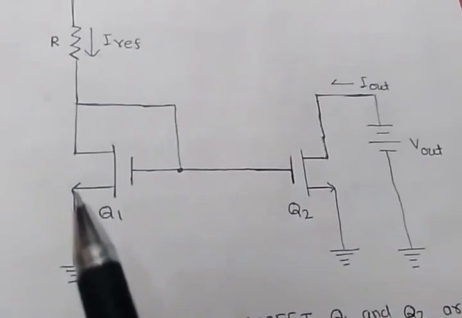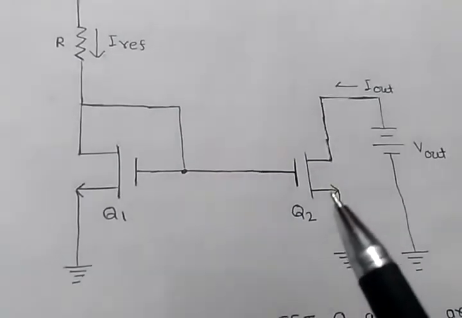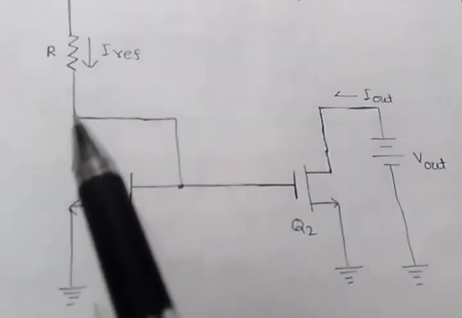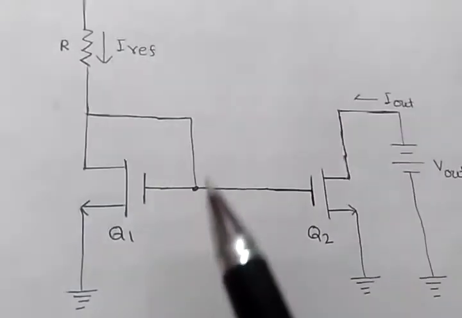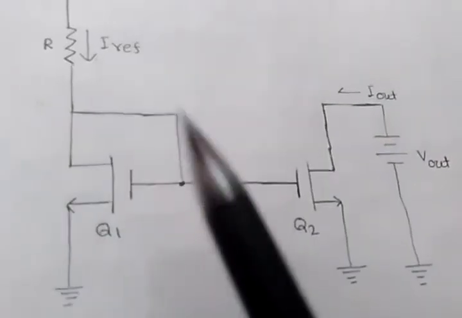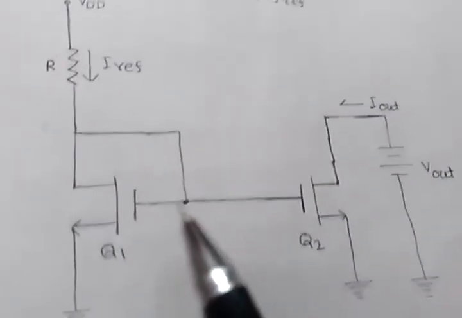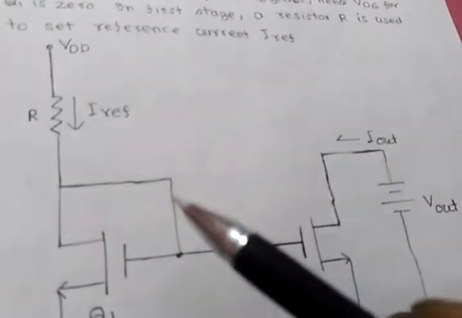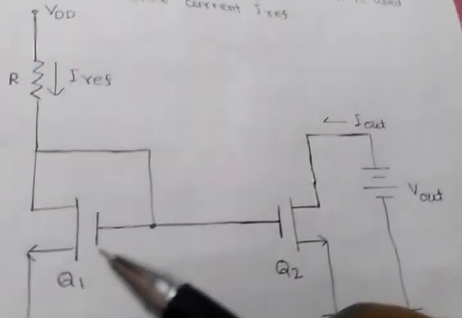Source of Q1 and source of Q2 both are grounded. Drain of Q1 and gate of Q1 both are joined. So drain to gate voltage of Q1 is 0. A resistor R is used to set the reference current in transistor Q1.